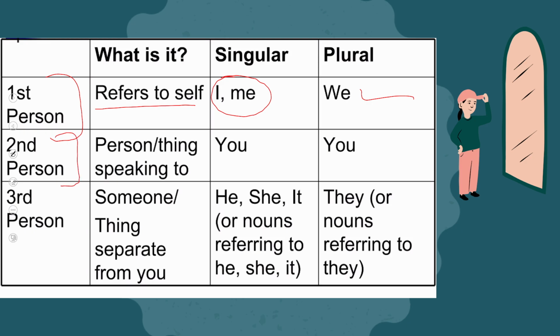For second person, we use the person or thing being spoken to. In this case, it is you, and the plural is also you. For third person, we use someone or something that's separate from you. For example, he, she, it, or nouns referring to he, she, or it. The plurals will be they or nouns referring to they.